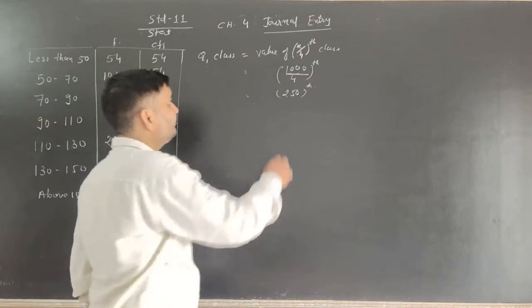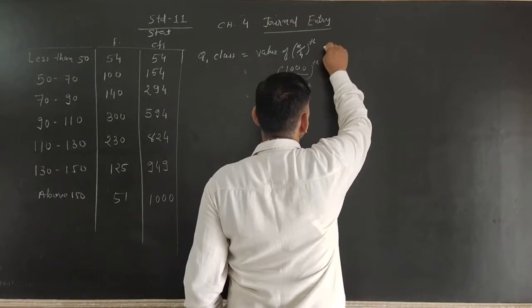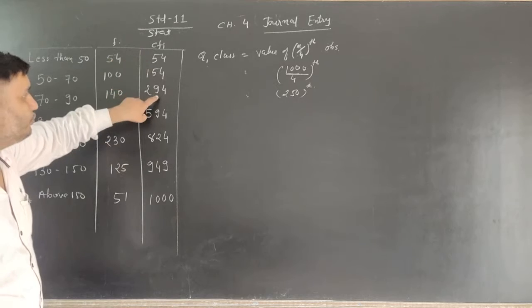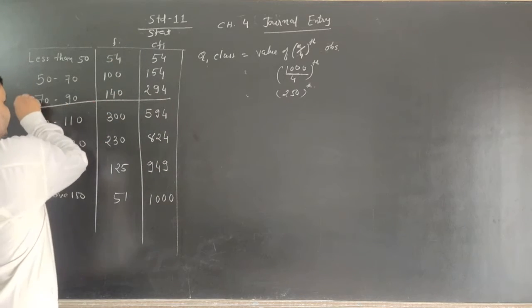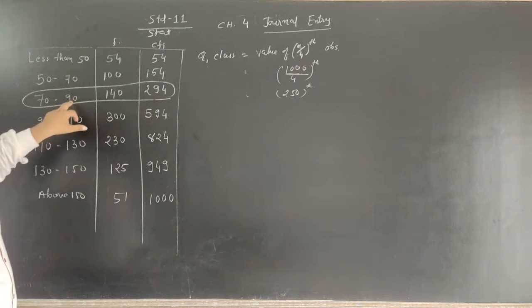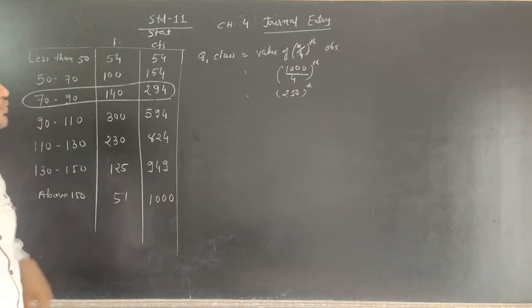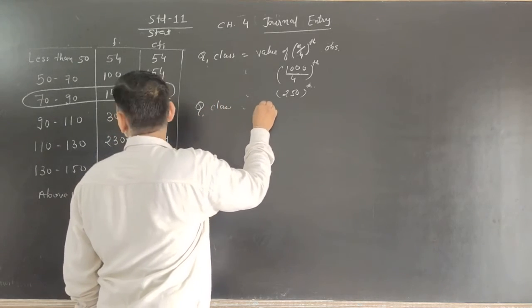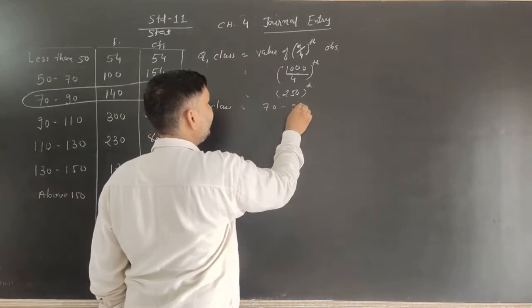Looking at the CFi, 250 lies in the third class, 70 to 90. So the Q1 class is 70 to 90.